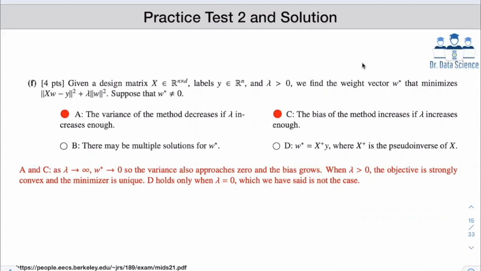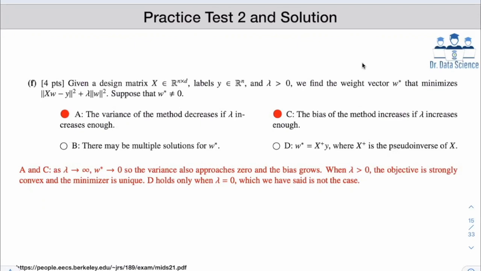When we increase that, the solution gets closer and closer to 0, meaning that the machine learning model that you learn is less sensitive to the input data. And what this means is that the bias will increase, right? On the other hand, the variance will decrease because the model is not very sensitive and the solution becomes closer and closer to 0 as we increase the regularization parameter lambda.